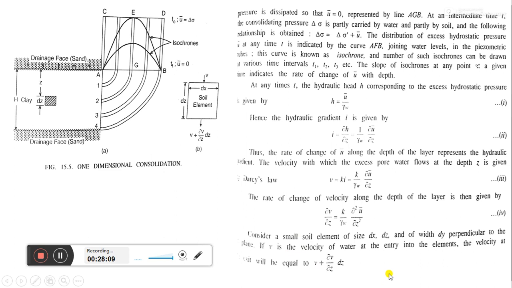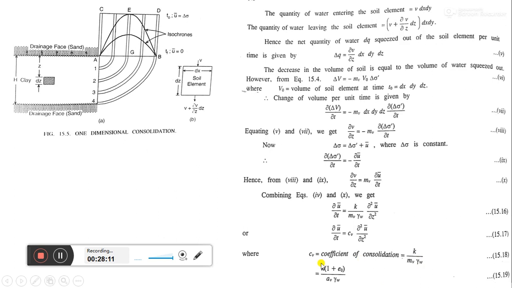Now see what has happened in the next part. The quantity of water entering the soil element equals v dx dy. The quantity of water leaving the soil element is v plus dv by dz into dz, into dx dy.